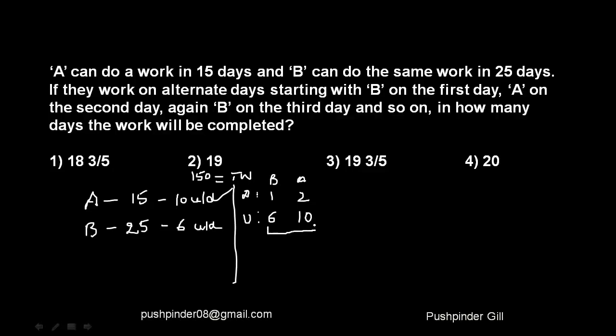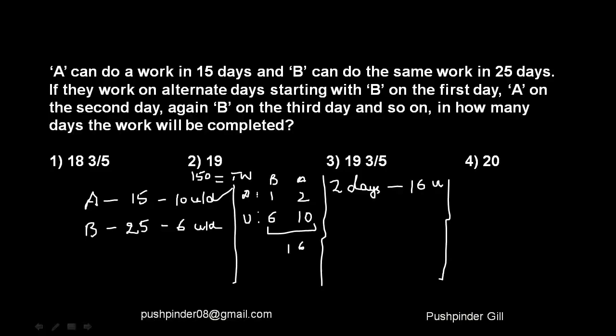And this cycle is going to repeat itself again and again. That means if I write it here, it is going to take 2 days. Every 2 days, they're going to finish 10 plus 6, that is 16 units, right?